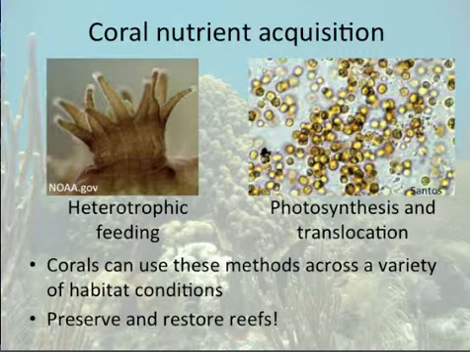Corals need nutrients to survive, and they can get these nutrients from their algae or they can get them from feeding. If they aren't able to get the nutrients from the algae, hopefully they can get them from feeding. But generally there's a mix between feeding and translocation. And understanding this mix will help us to preserve and restore coral reefs so that they can maintain their productivity.